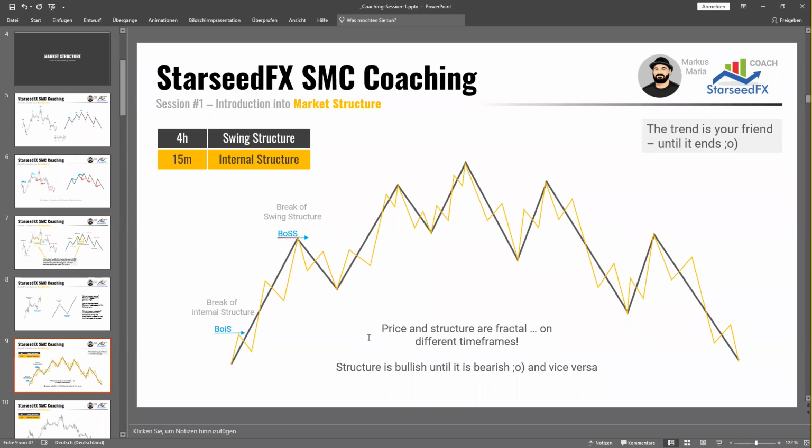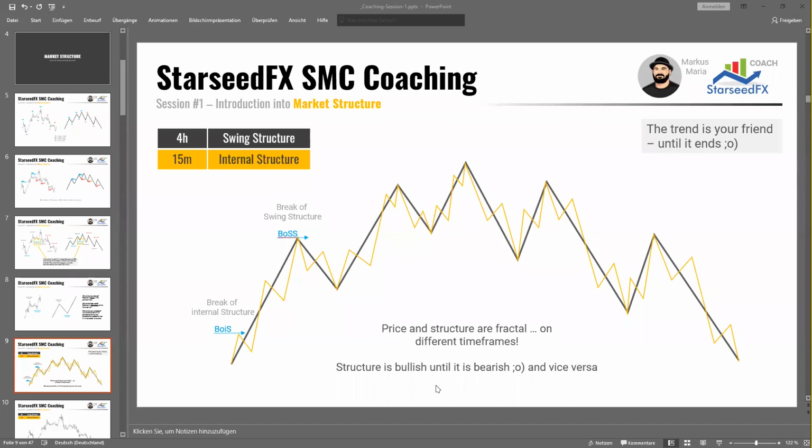And one thing which was quite new for me, but it's true, is until it ends, because the trend ends at some point, and then a new trend starts, which is your new friend, until this one ends, which you can see here. Like, you have an uptrend, which is your friend, until it ends and becomes a downtrend, and then the downtrend is your friend.